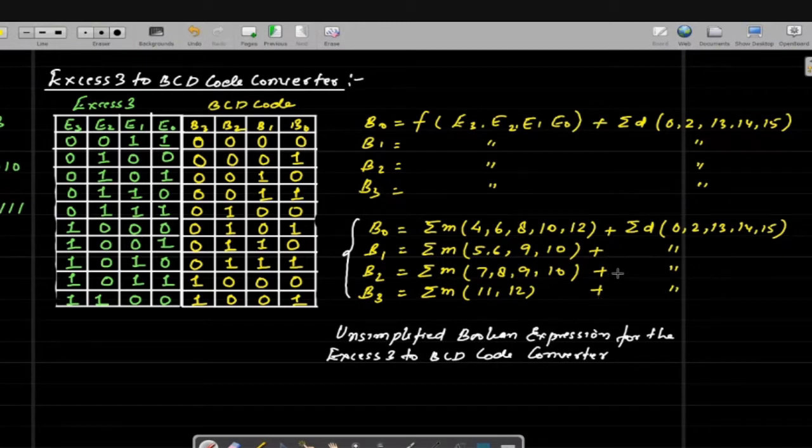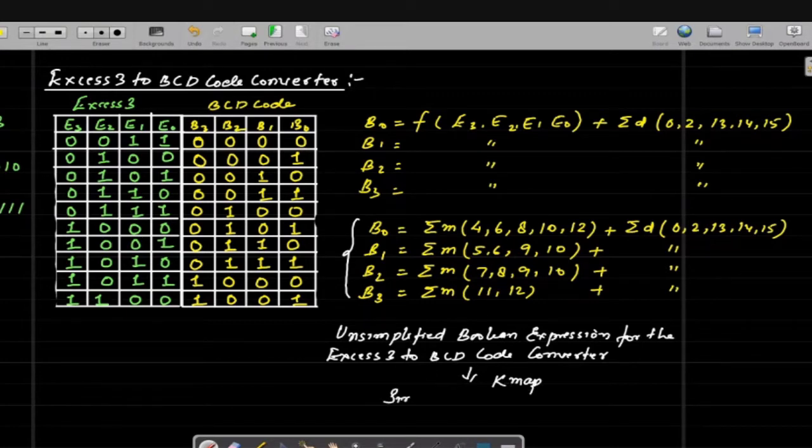But the problem is that if we do that, then of course a big implementation diagram or logic diagram will be there, and that is not economical, or sometimes it becomes very complex to do that. So we are taking the help of K-map to simplify these unsimplified expressions.